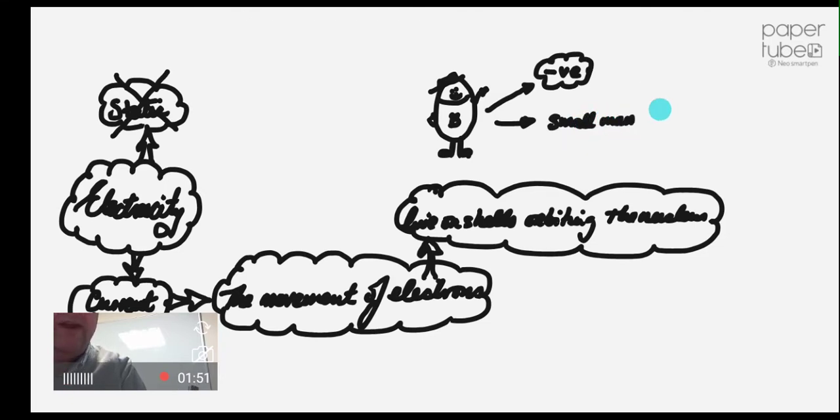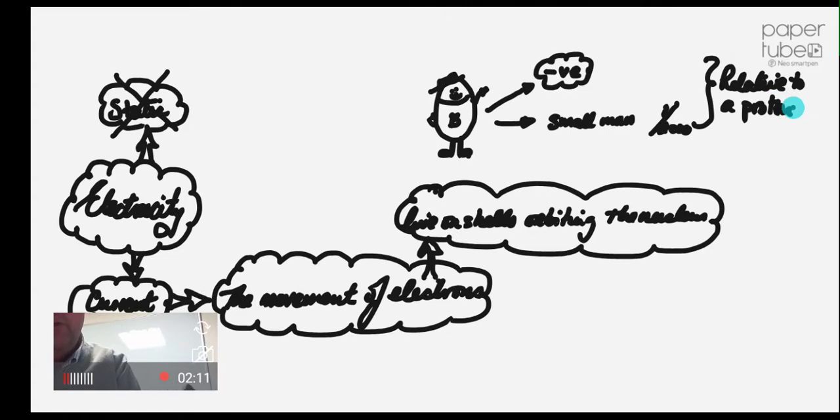So it's roughly 1/2000th of the mass of a proton. So this is relative to a proton. So these electrons have a negative charge, small mass, and they orbit the nucleus of an atom.